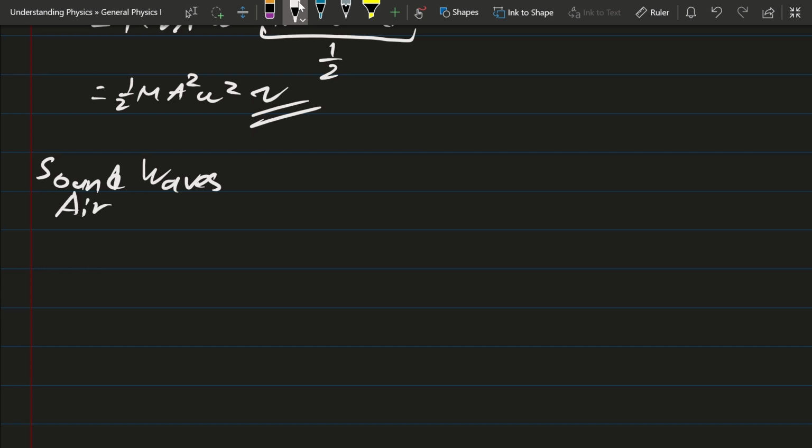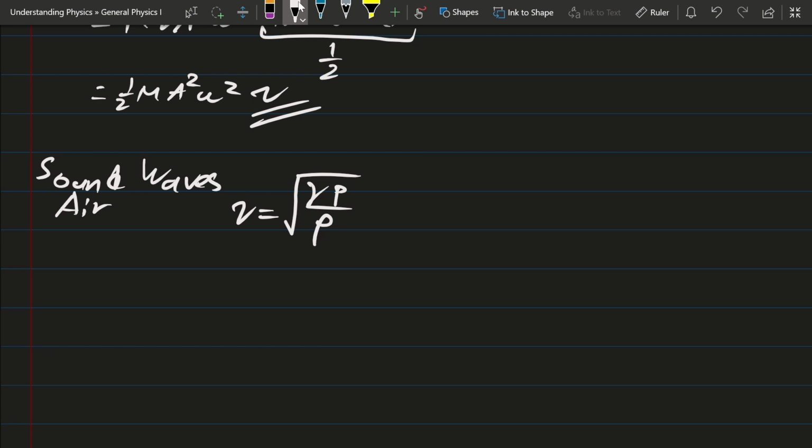If you do some physical computations, you would be able to obtain that v is the square root of gamma P over rho. P here is pressure, which I will discuss in the next chapter. Rho is the density, which I will also fully discuss in the next chapter. And gamma is the ratio of the heat capacities.